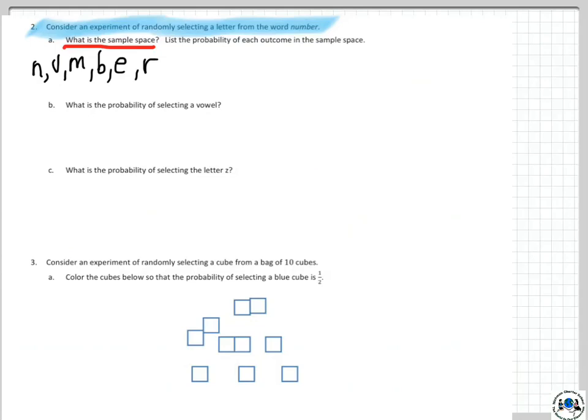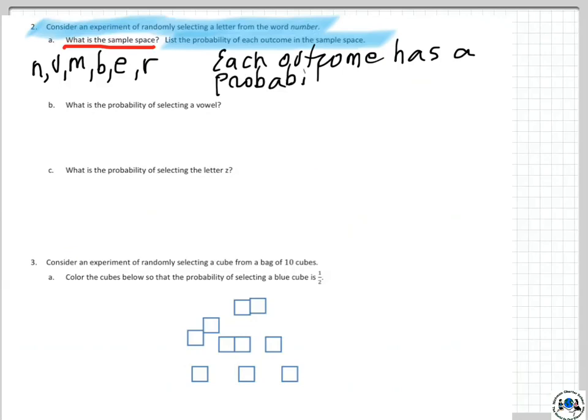Therefore, they all reside in our sample space. Then we're going to list the probability of each outcome in the sample space. Well, don't really need to do that. Each outcome has a probability of 1/6, because there are 6 letters, and each of them has a 1/6 chance of being selected.